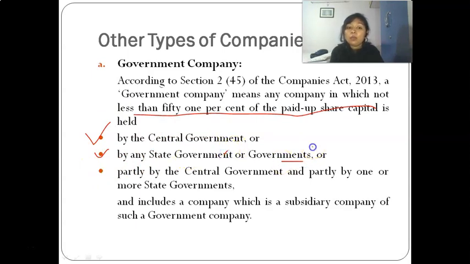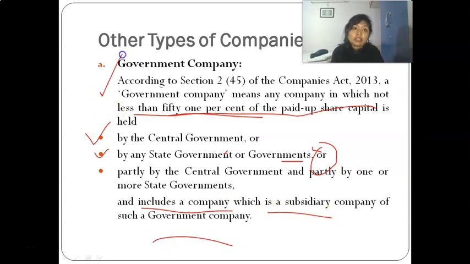Governments means one or more state governments altogether hold not less than 51% paid up share capital in such company, or such 51% of paid up share capital is partly held by central government and partly by one or more state government, and it includes a company which is subsidiary of government company. Okay, and such company can be both private company or public company, as the case may be.